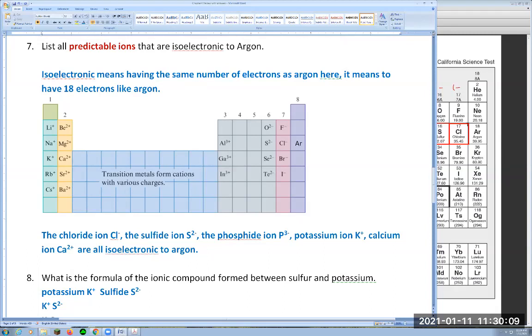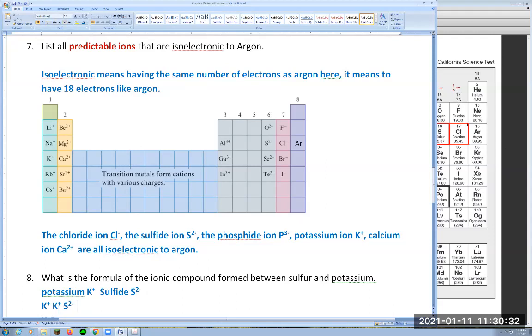And here you can see an imbalance. There is one positive charge only from the potassium and two negative charges from the sulfur. So that means we will need two potassium K plus to cancel the charges on the sulfide.